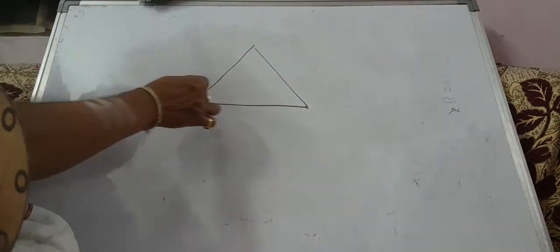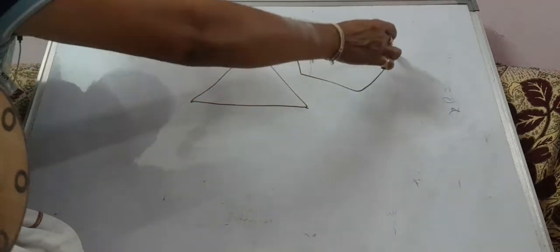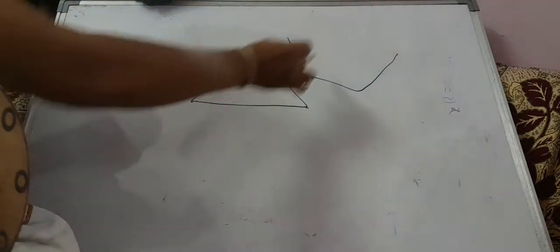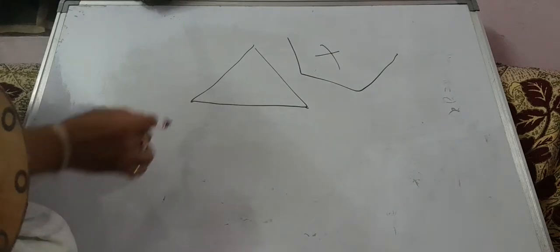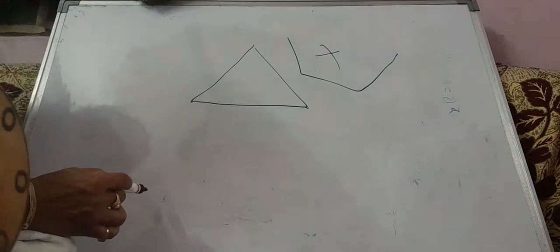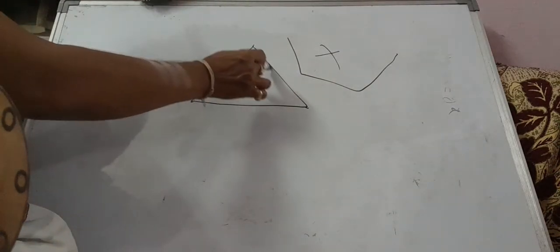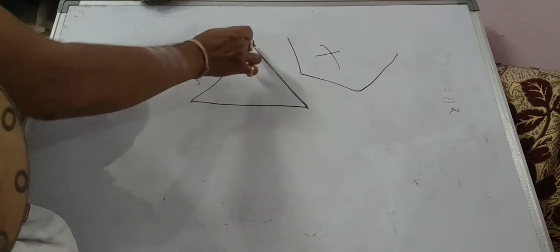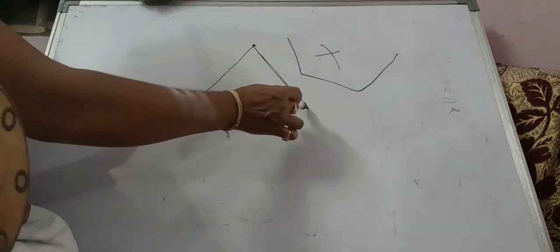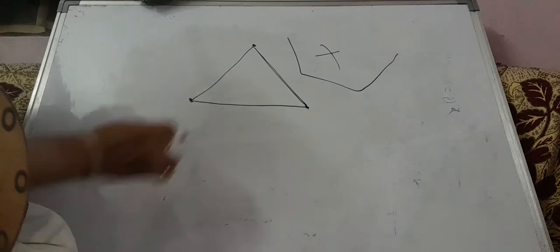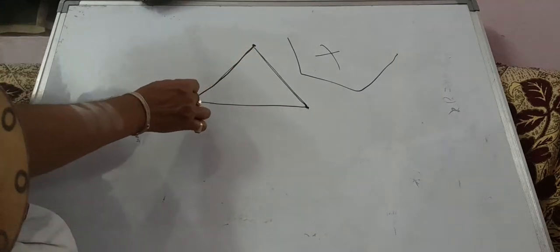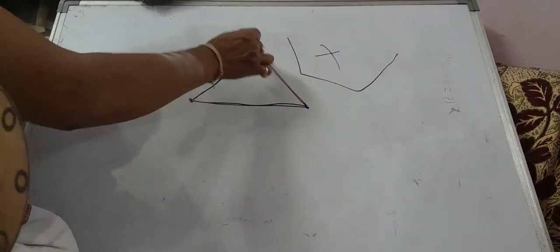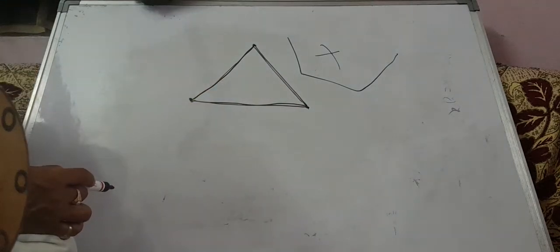Simple closed figure bounded, closed figure. It is not like this, it is not a closed figure, this is wrong, this is a closed figure. So in this closed figure, these three are called vertices, and this is one line segment, this is one line segment, this is one line segment.